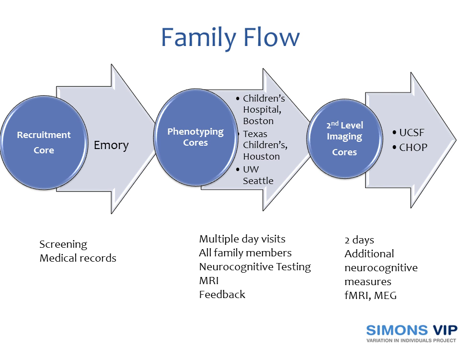These were multiple-day visits with all the family members, lots and lots of testing, MRIs. We gave feedback and recommendations and had long discussions with the families. And then finally, some of you went to second-level imaging at UCSF or CHOP for 2 days of additional neurocognitive testing measures, sometimes fMRI, MEG, things like that.